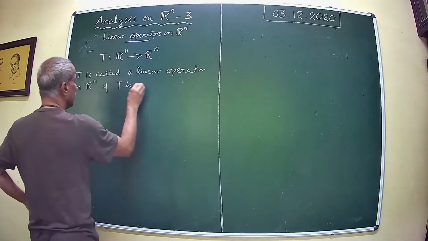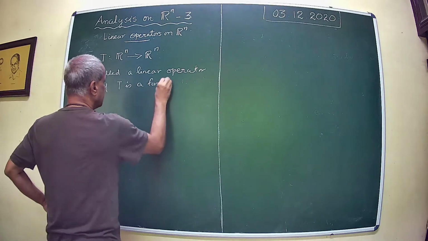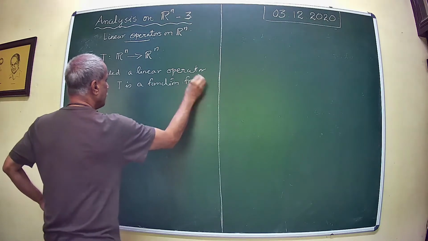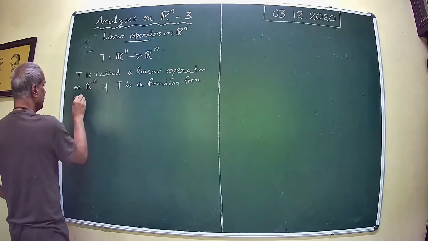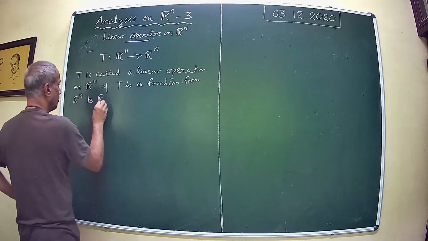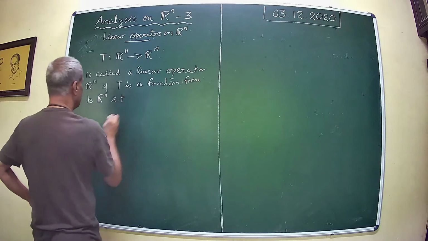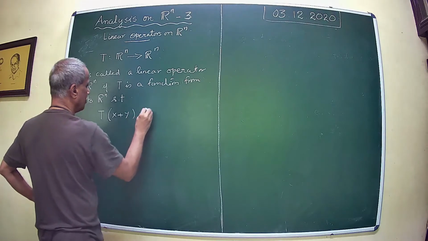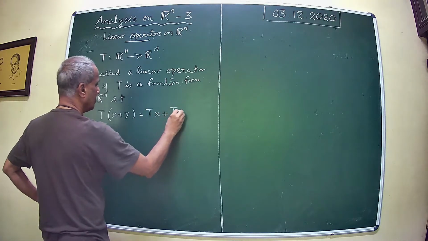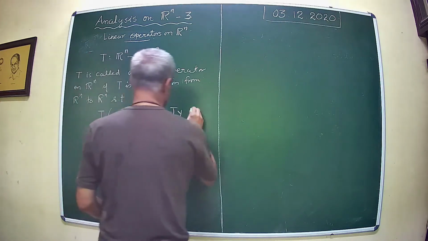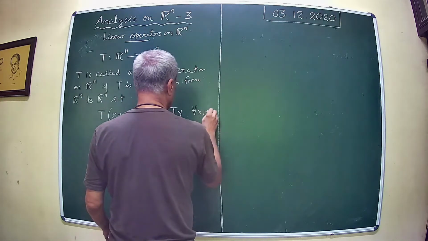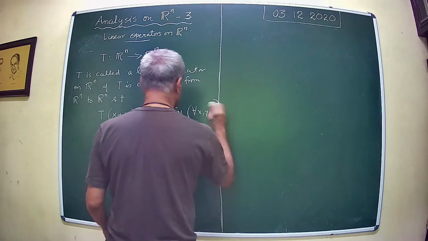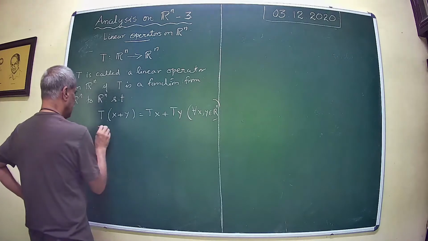T is a function from Rn to Rn such that T of x plus y equals Tx plus Ty, and T of cx equals c times Tx.